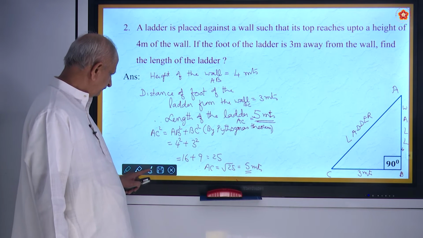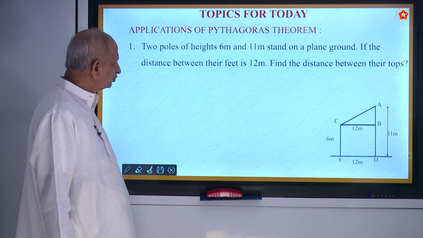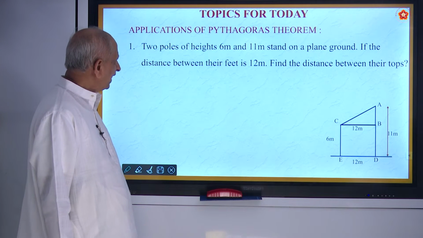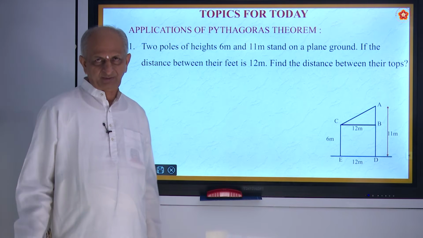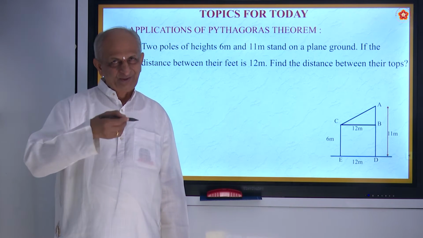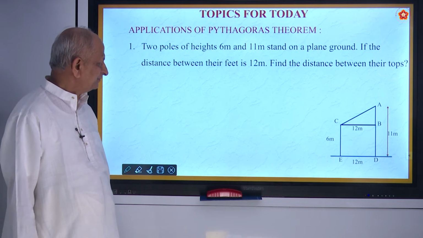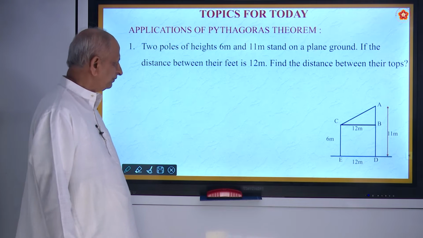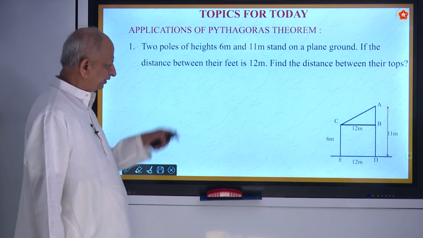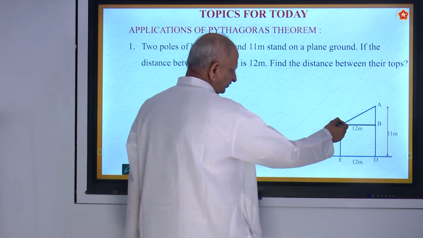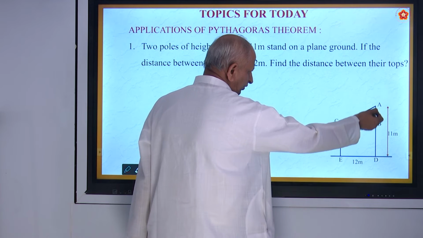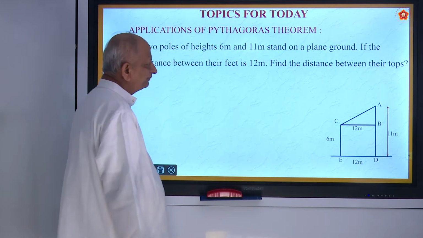Noted? Okay, we will pass on to today's topic. Applications of Pythagoras theorem. Already we have started some more applications, very interesting ones and very important also. So here are two poles. One pole is 6 meters high, another pole is 11 meters high.